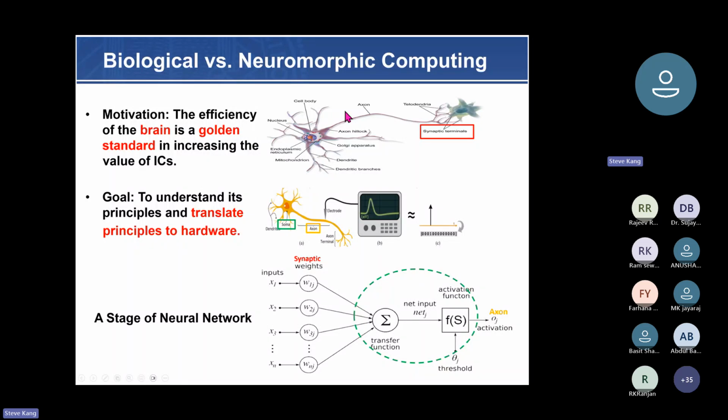So from biology and then the hardware aspect of it. If you look at the neuronal circuit, you have a neuron which outputs signals through an axon, and then the axon reaches a synaptic connection point, and then moves to the next neuron, for instance.